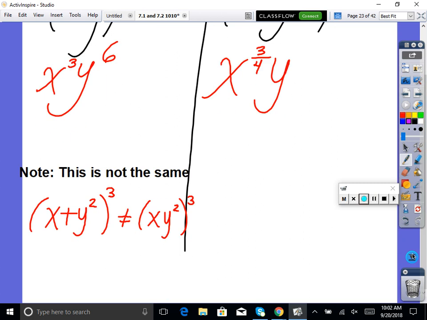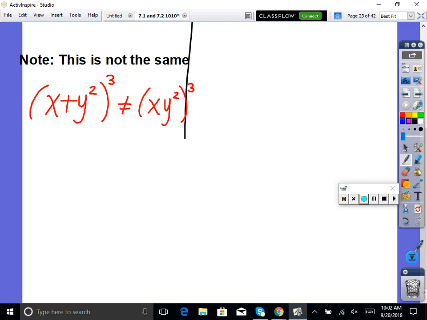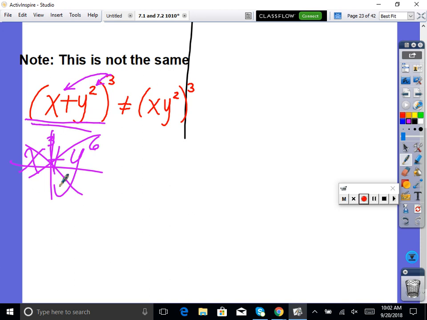This is really important to realize here. There's a difference between this and this problem, a huge difference. This would not be okay, to take the 3 and raise it to the 3rd power and 3rd power. It is not okay to have x cubed plus y to the 6th. This is not a properties of exponents problem. That is breaking the most forbidden rule of all forbidden rules of math. You can't do it. Does everybody see?